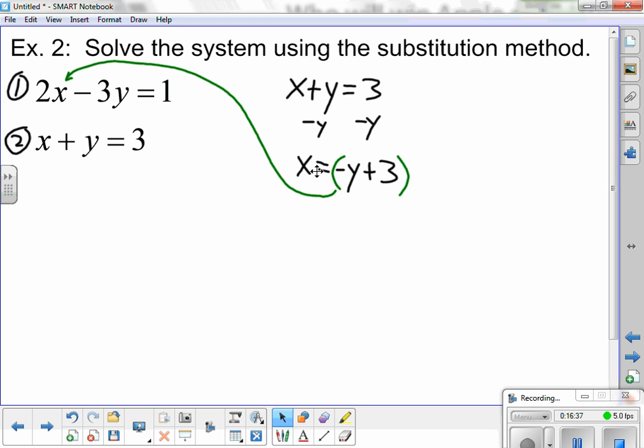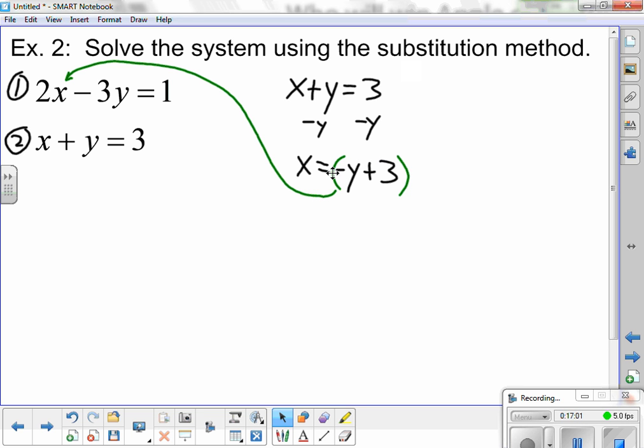So to go over that again, we isolated in one of them. The second equation, I isolated the x. Now that I know what x is, I'm going to plug it in for x right here. So just like before, if I said x equals 6, you would have put a 6 right here. If I said x equals 10, you would have put a 10 in for x. But x equals this entire group of stuff.